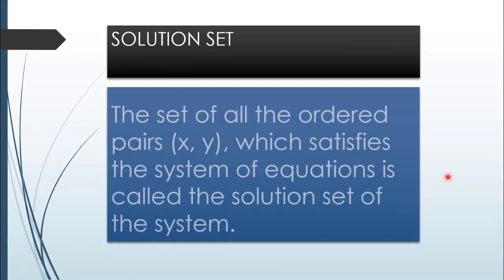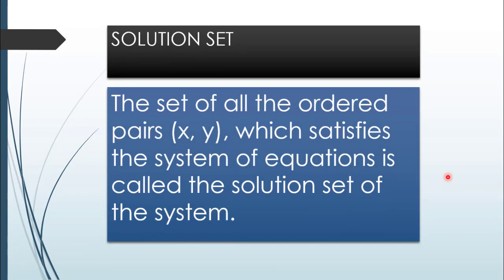And what is a solution set? The set of all the ordered pairs x and y which satisfy the system of equations is called the solution set of the system.